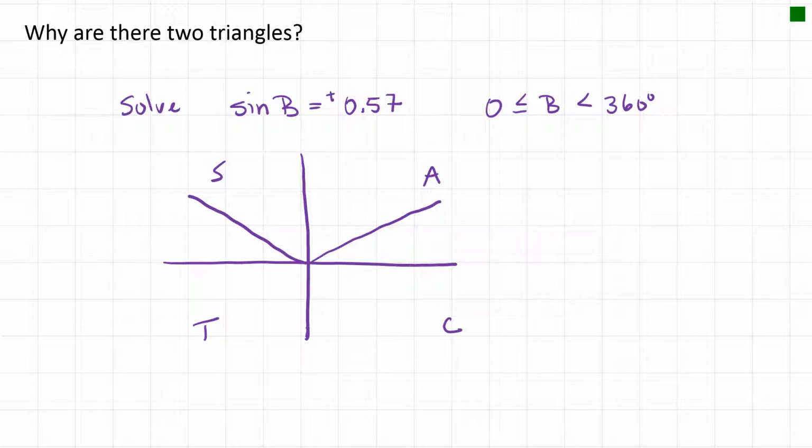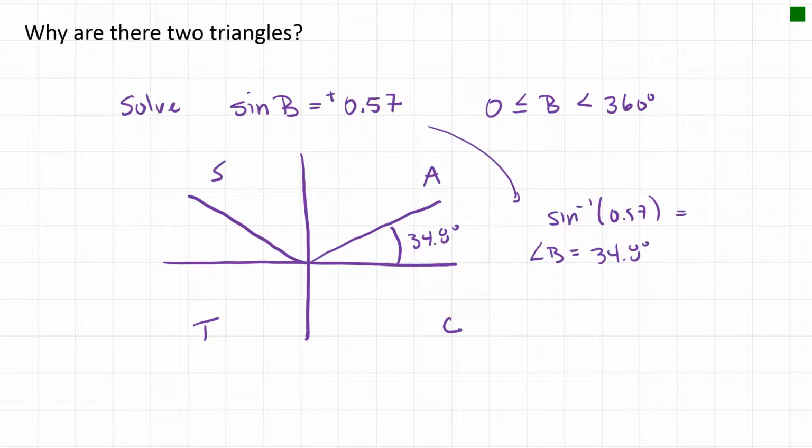So if I take the inverse sine now of 0.57, I get angle B equals 34.8 degrees. So that's this angle. But remember, there is a second option. It's sitting right here with the same reference angle.